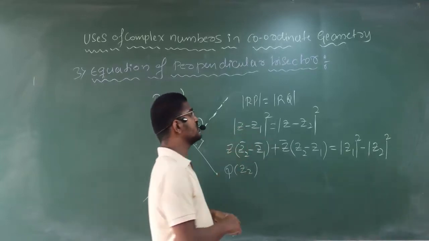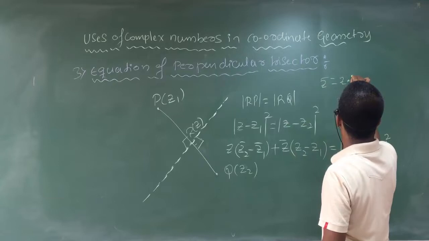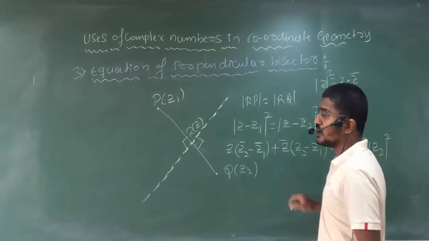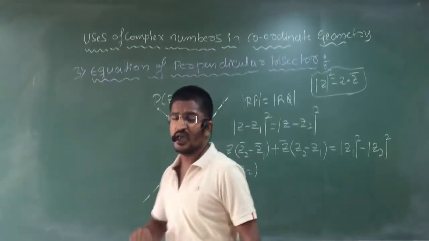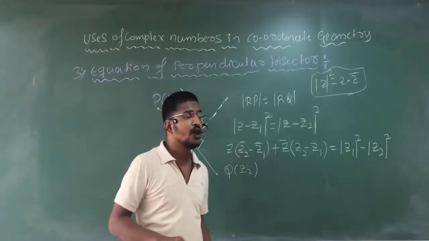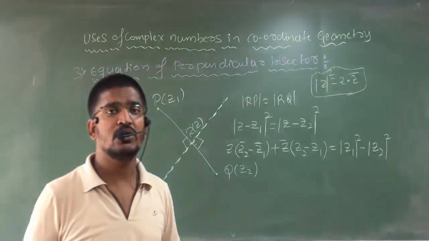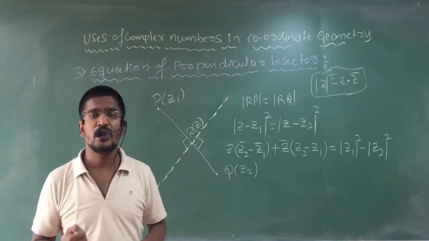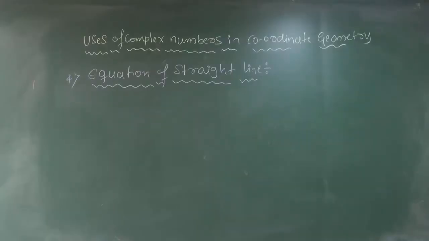By using the formula Z bar equal to Z, and mod of Z square equal to Z into Z bar, you can simplify this equation and write the result. So there will be no problem. Here I have written the equation of the perpendicular bisector directly. Please don't get confused, okay, students.